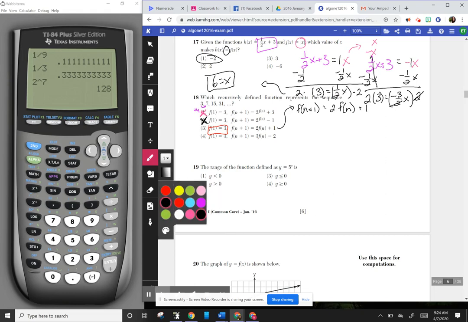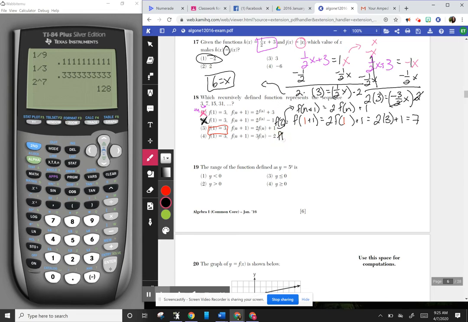So to find f of 2, we would have to do f of 1 plus 1, which would be 2 times f of 1 plus 1. So 2 times f of 1, well, f of 1 is 3, plus 1 is 7. So far, so good. Remember, this is f of 2.